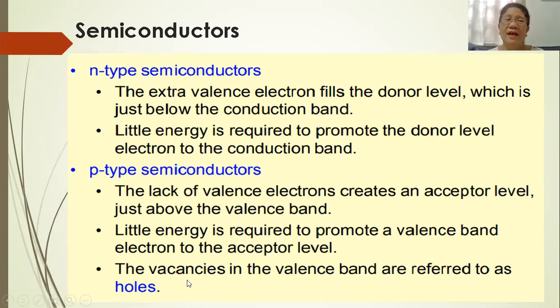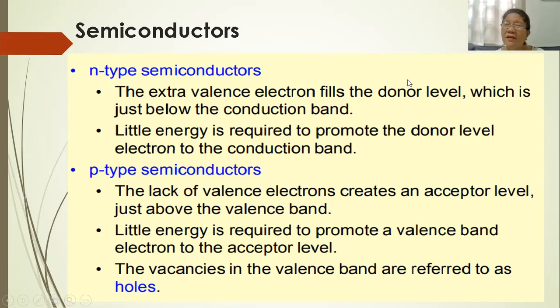Now, let us differentiate between the N-type and P-type semiconductors. The N-type have extra valence electrons that fill the donor level, which is just below the conduction band. Little energy is needed to promote electrons from the donor level. The P-type have a lack of valence electrons.